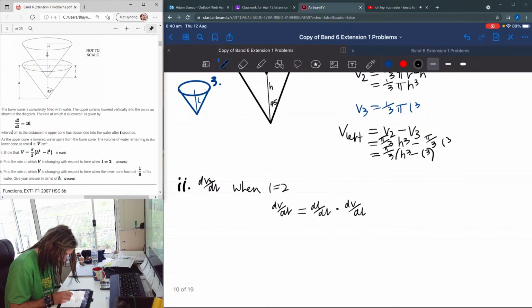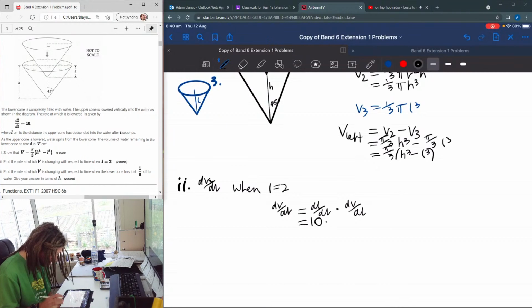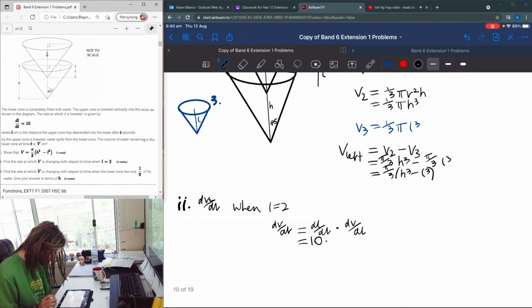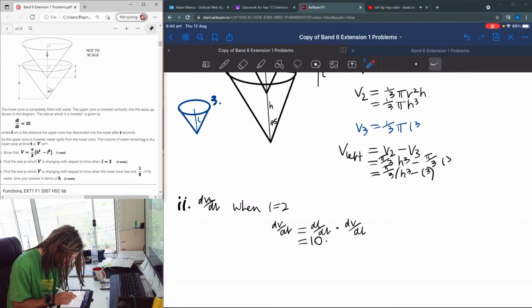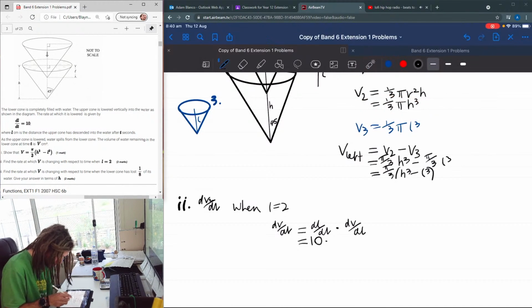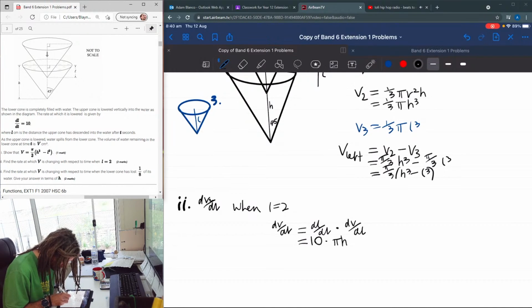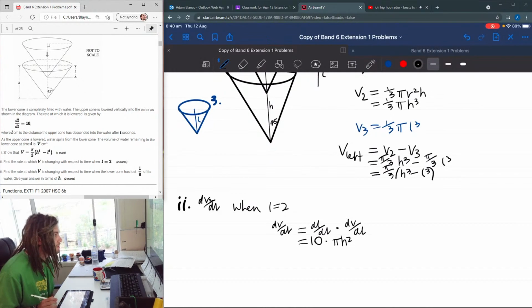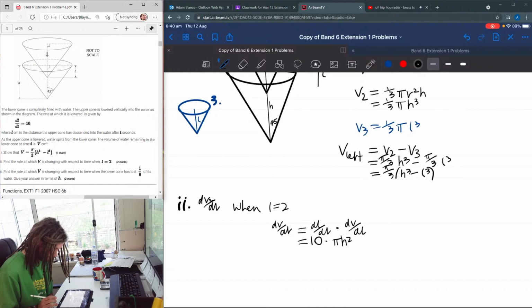Okay, dL dt, my L's, t's and stuff look exactly the same. dL dt is 10, dV dt is just going to be the derivative of this, isn't it? So that's going to be pi h squared. Is that right?